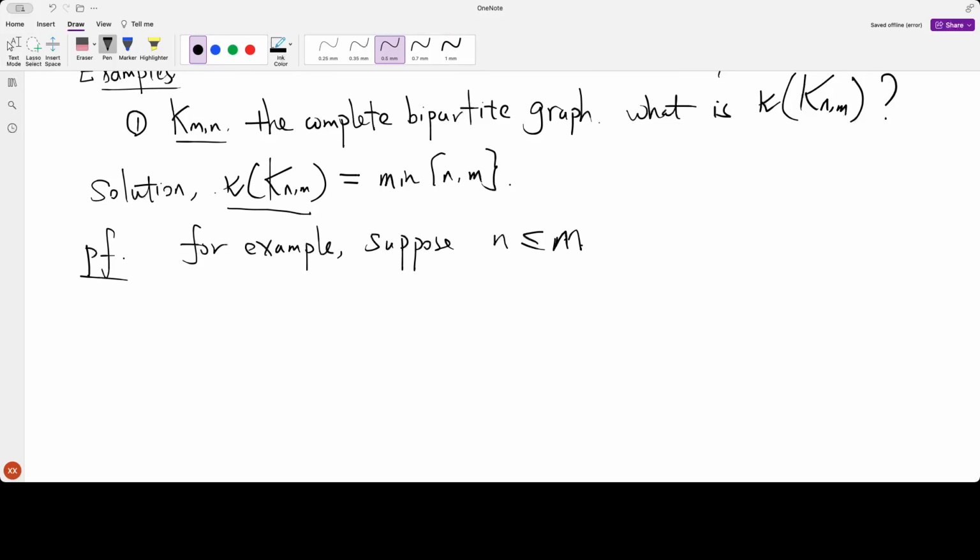I want to prove this. So, for example, if this is my complete bipartite graph, and here you have n vertices. If I delete all these n vertices, the graph becomes disconnected.